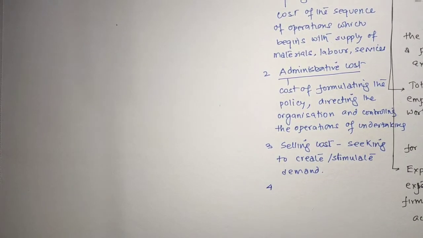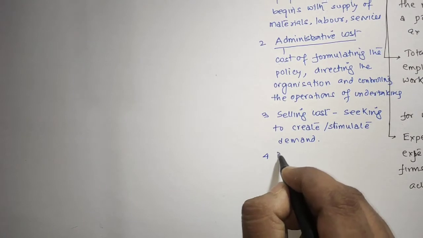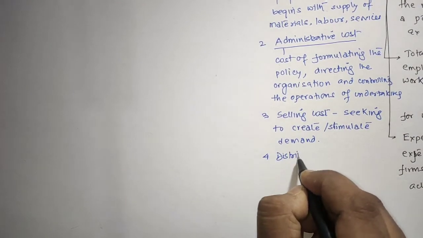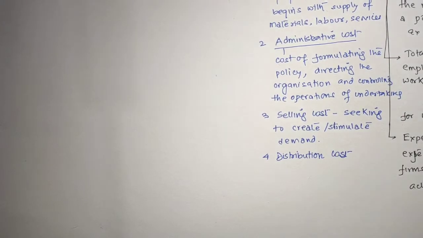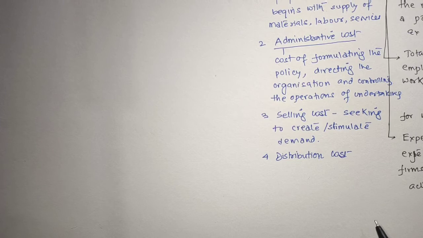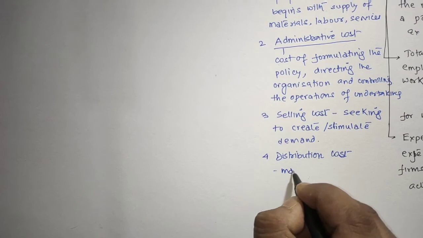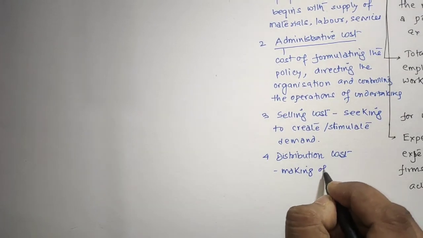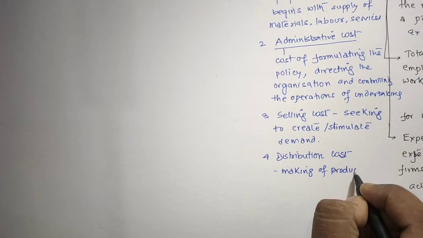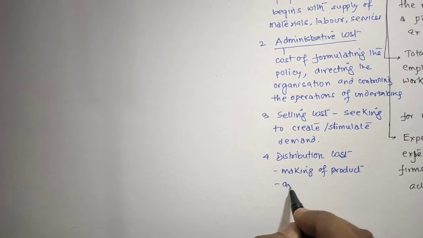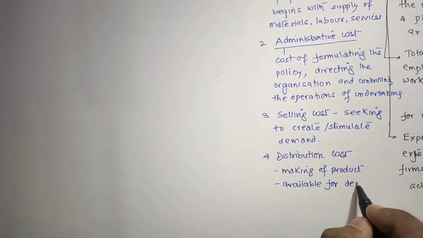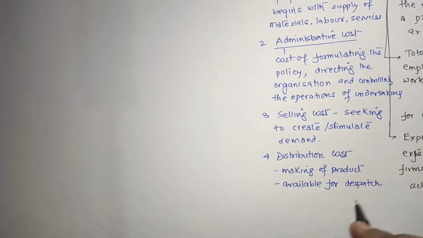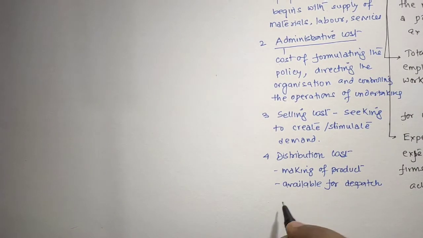And the fourth one we have is distribution cost. It includes the operations which begin with making the product available for dispatch, and again also available for reuse.